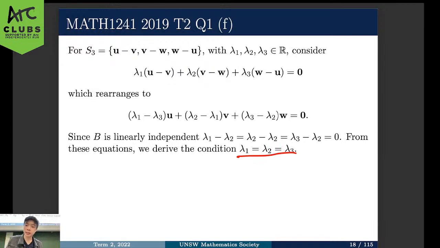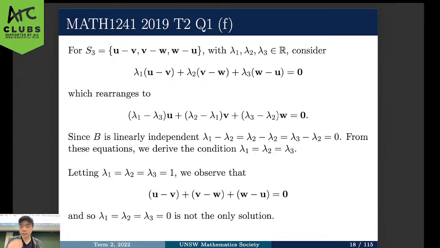So what this means is we can choose an example where all of the lambdas are equal to 1, and we can observe that when we substitute 1 into this linear combination, it does give us the vector 0. This is a non-zero solution, outside of when every single lambda is equal to 0, which means that by definition, S3 is linearly dependent.